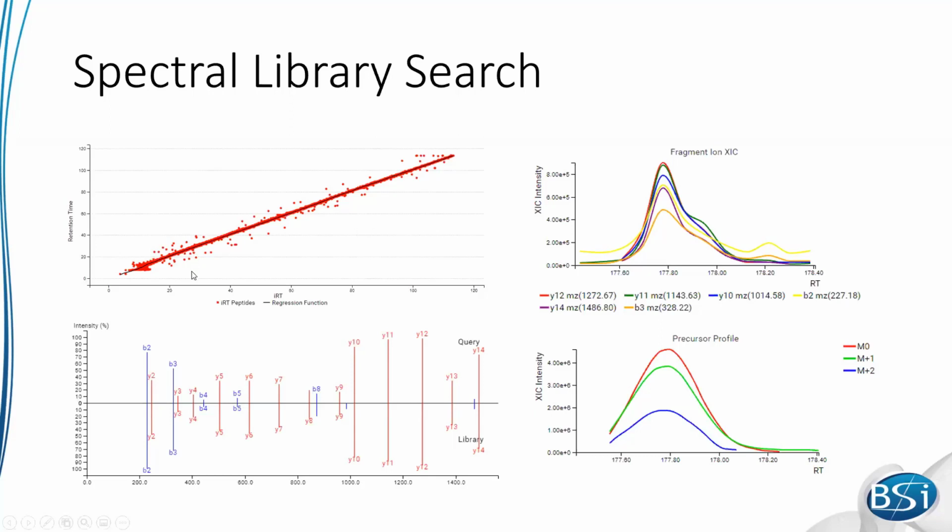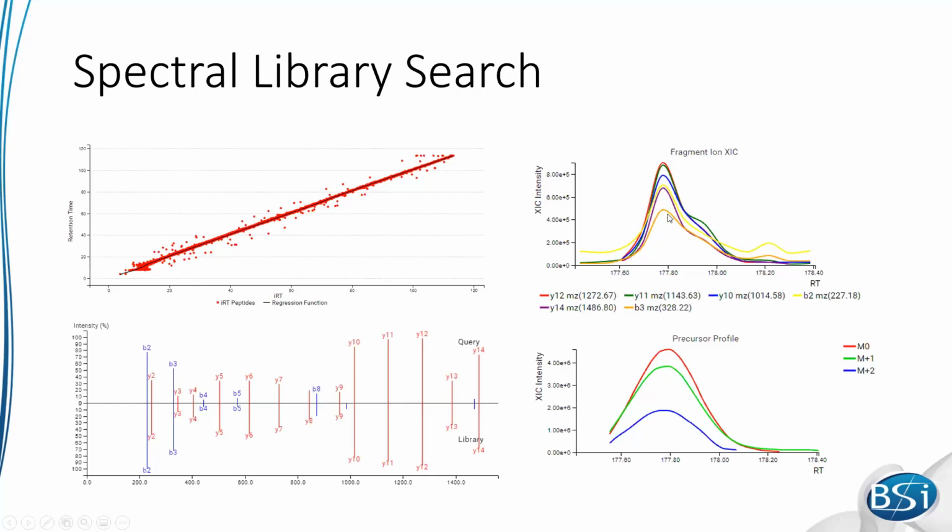So for example, you could lean on the concept of retention time prediction, where we take the retention time of our spectra in the library and compare that to the actual retention time that we observe in our DIA data set, and create a regression showing whether or not the expected retention time is matching up with the actual observed retention time, and use that as part of the scoring.